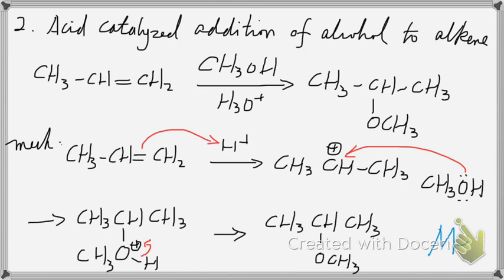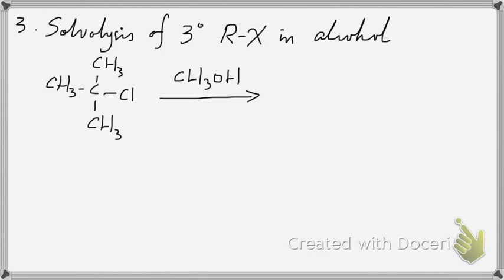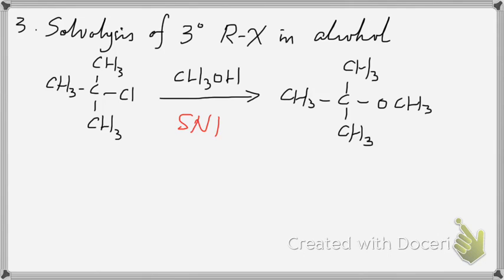Alright, the third method to make ethers is the solvolysis of tertiary alkyl halide in alcohol. So tertiary alkyl halide reacting with, for example, methanol in this case.